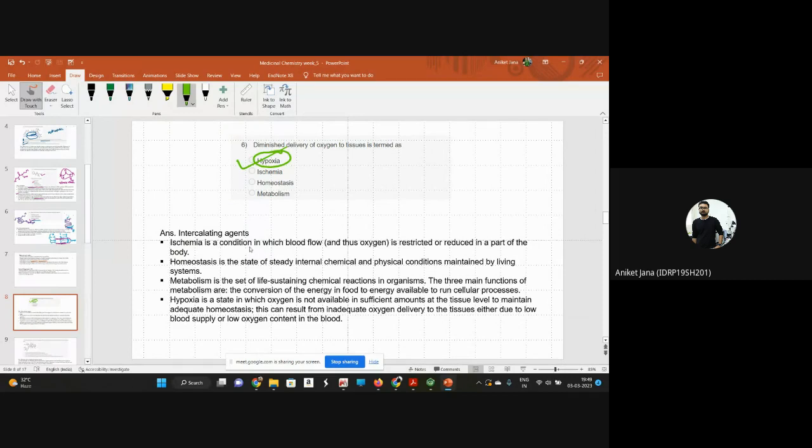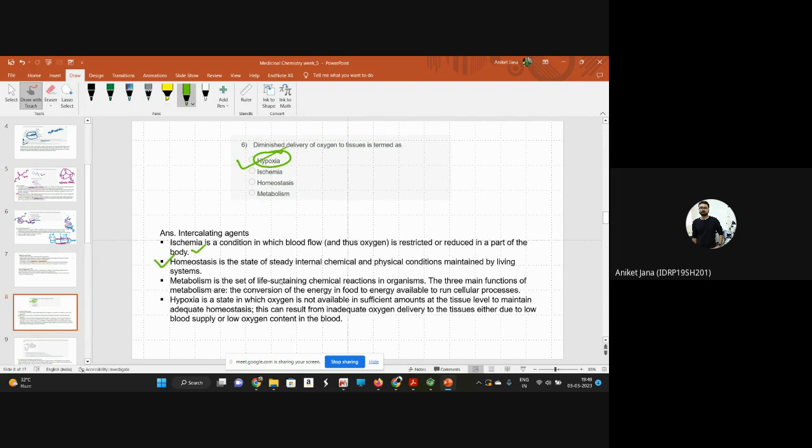Ischemia is the condition in which the blood flow is restricted or reduced in a part of the body. Okay, this is ischemia. And what is homeostasis? Homeostasis is the state of steady internal chemical and physical condition maintained by living systems. This is homeostasis.